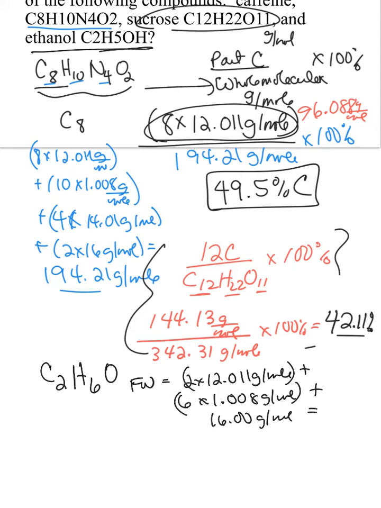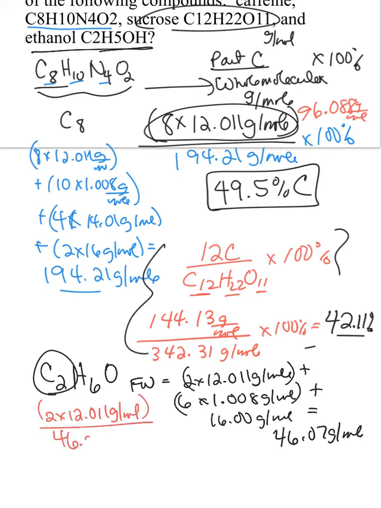When you add all that up, you get 46.07 gram per mole. And you have 2 carbons, so it's 2 times 12.011 gram per mole divided by 46.07 gram per mole times 100%, and that works out to be 52.14% carbon.